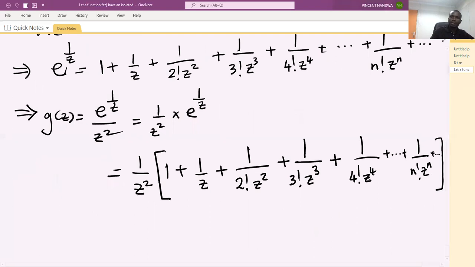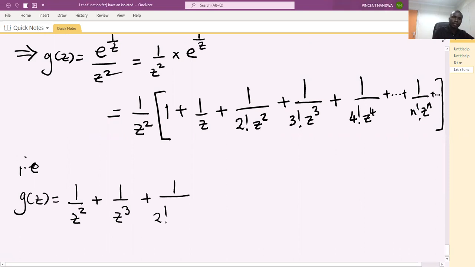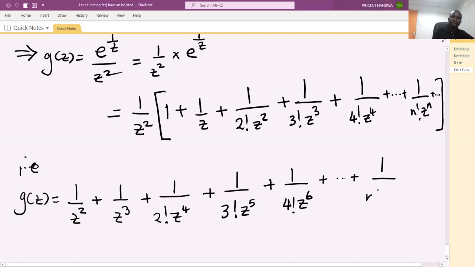And when you simplify this, our g of z will be 1 over z squared plus 1 over z power 3 plus 1 over 2 factorial z power 4 plus 1 over 3 factorial z power 5 plus 1 over 4 factorial z power 6 plus 1 over n factorial z power n plus 2 plus other several terms.